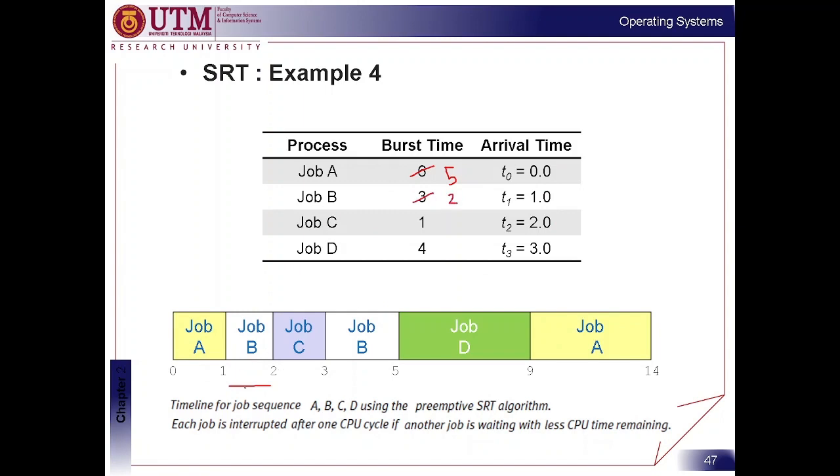Okay, so at time 2, the next available process is job C. So we are going to compare the burst time. So right now job C has the smallest burst time. That is why we will execute job C at time 2, because it is the process with the smallest burst time.